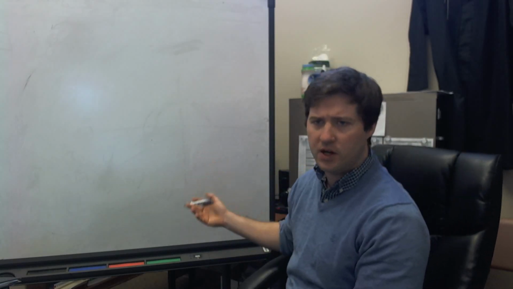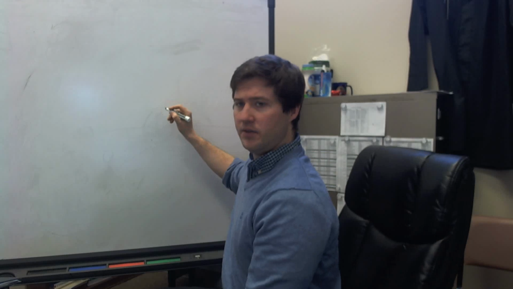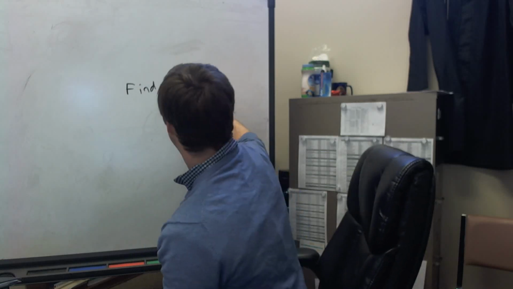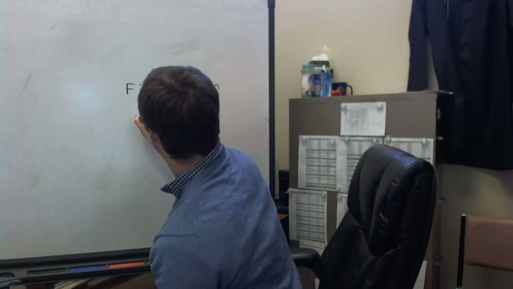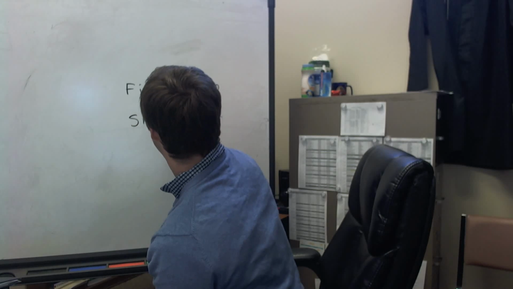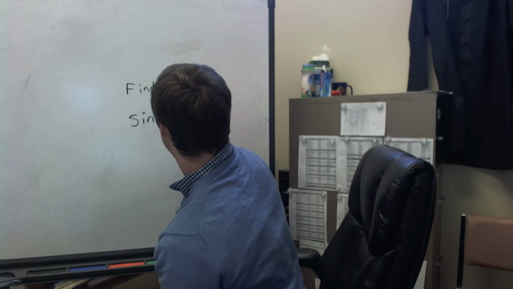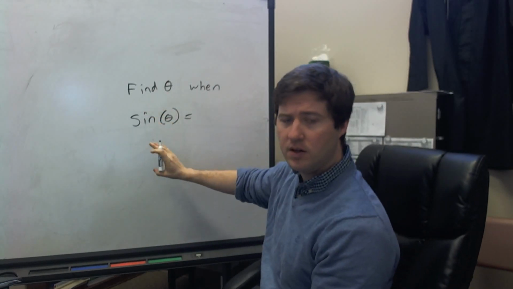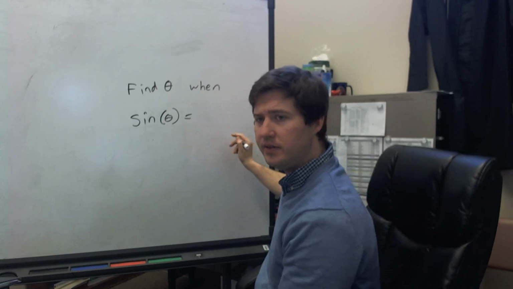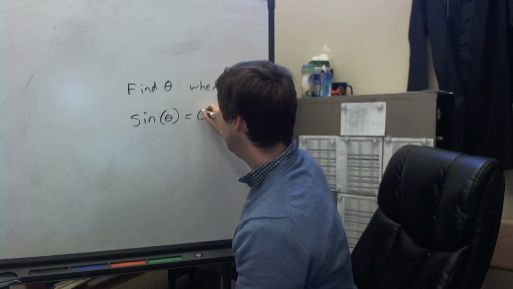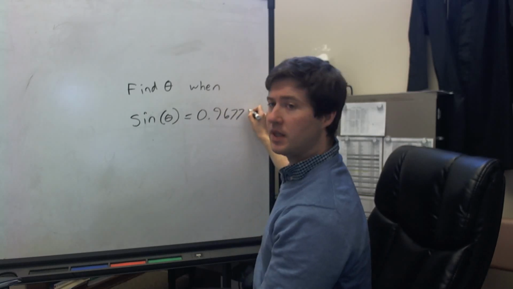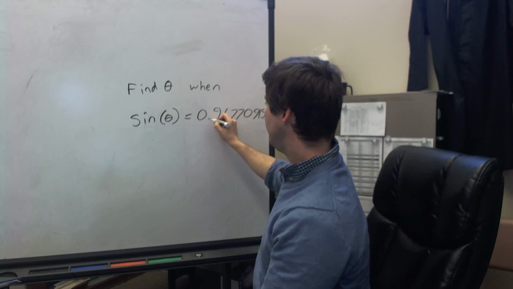Now, inverse functions, when we have to use those, your example will look something like this. We're looking for our angle theta, when we're given that sine of theta is equal to some number, 0.96770915.